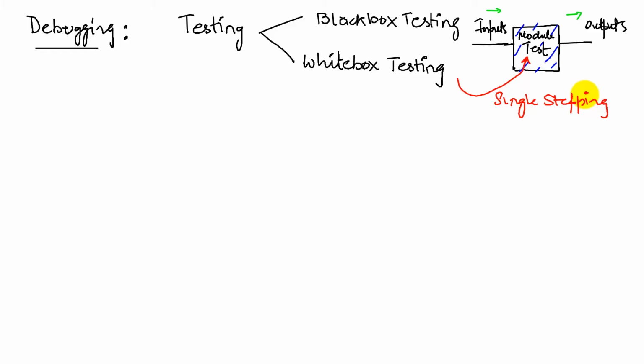So the idea then is debugging involves both white box testing and black box testing. The fundamental ideas behind debugging are to have what is called control and observability. So let's see what that means. By control, I mean that I fix the inputs.